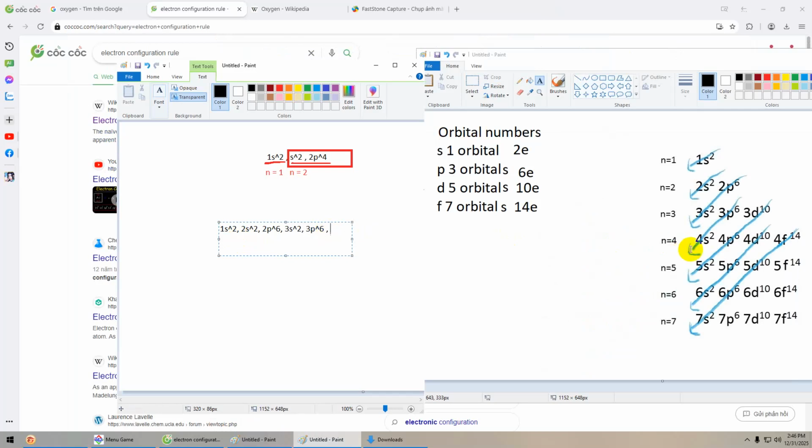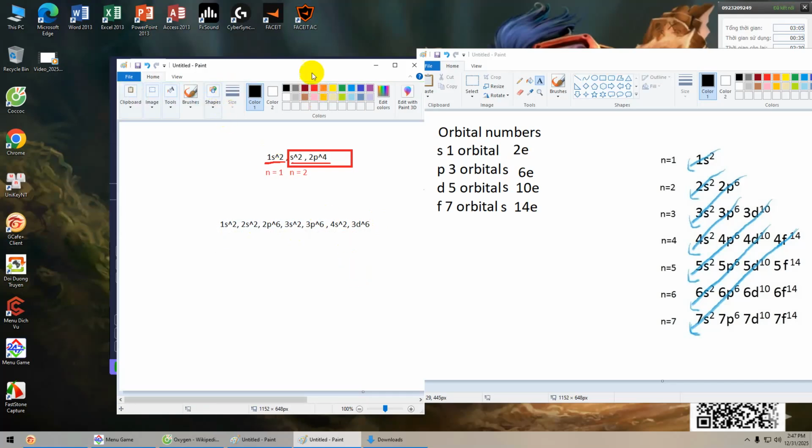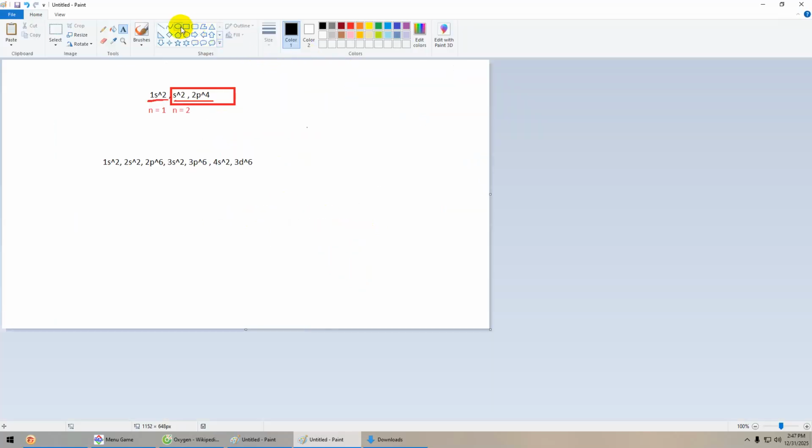Okay, we go to 3p6 here, and we realize that after that we have to go to 4s2. Alright, so we have 2 more electrons now, and we go to 3d10, but remember we have 18 plus 2 is 20, and we need 26, so we only have 6 here. So this is the orbital configuration of the electrons written in the compact form.